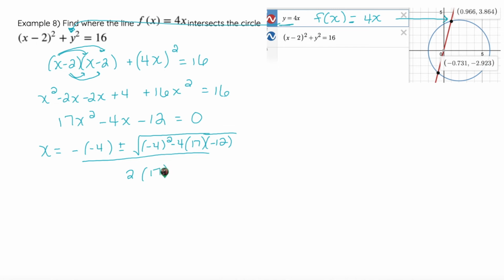I'll let you simplify those a little bit, but we should get 4 plus or minus the square root of 832 all over 34. These are not nice numbers.